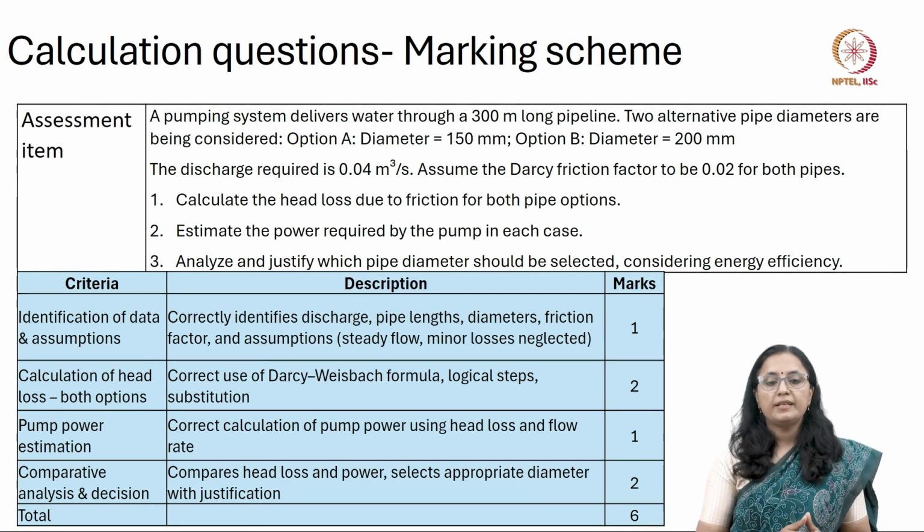So, these are the criteria, and also the marks are allocated to them. We know that this question is of 6 marks, but how those 6 marks are distributed across different criteria, that is very well explained through this marking scheme.